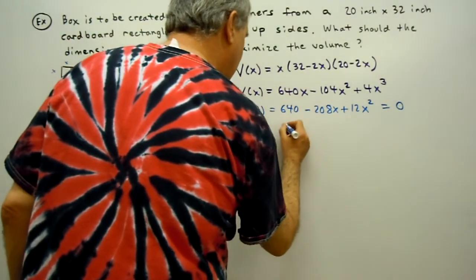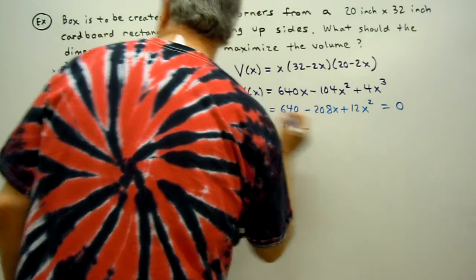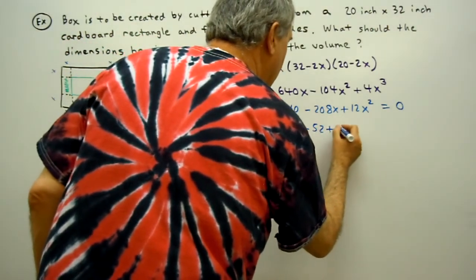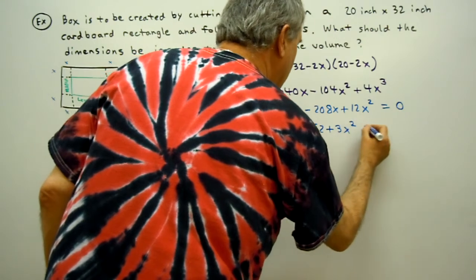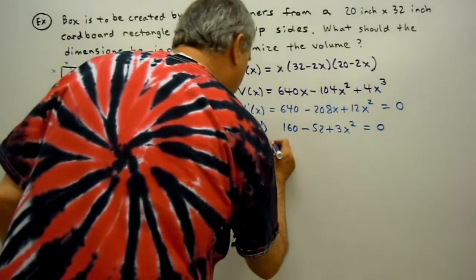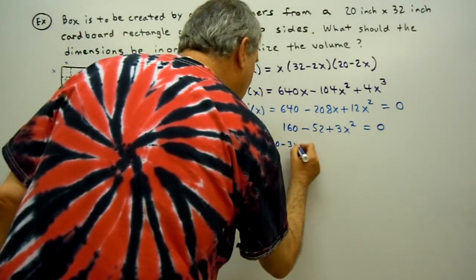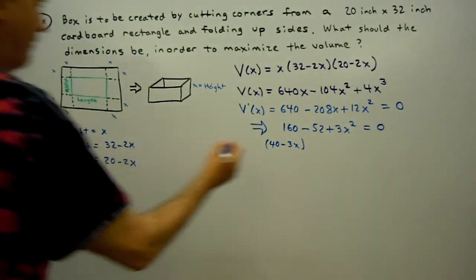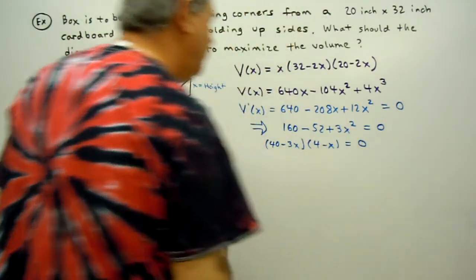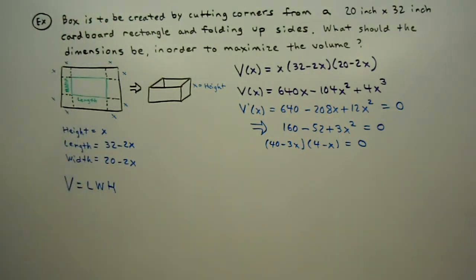That would lead to 160 minus 52x plus 3x squared set equal to 0. So factoring that, we could factor that into 40 minus 3x times 4 minus x, set equal to 0.